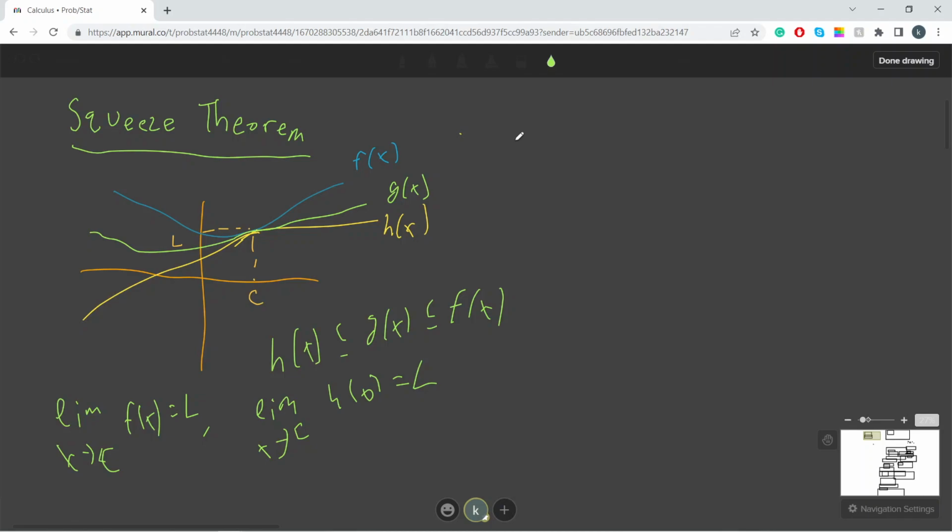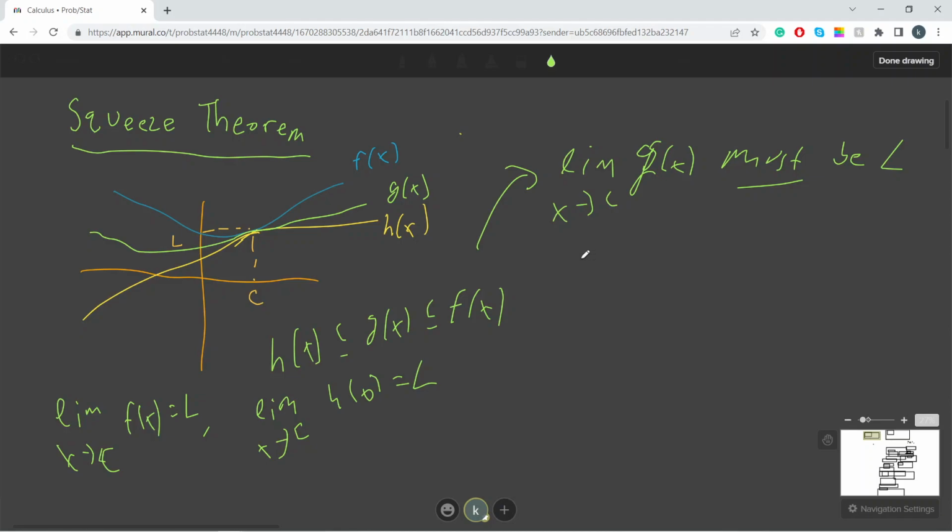Now, you might notice that I'm speaking informally about why this makes sense. So we've deduced that the limit as x approaches c of g of x must be L. I'm making this argument from an intuitive standpoint and being very informal here. And the reason I'm being informal in this video is because for the squeeze theorem, I think it's best to take away the intuitive aspect of it.